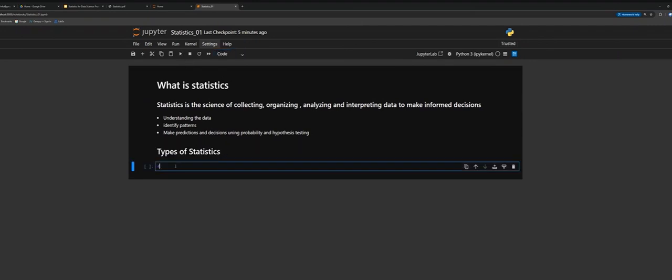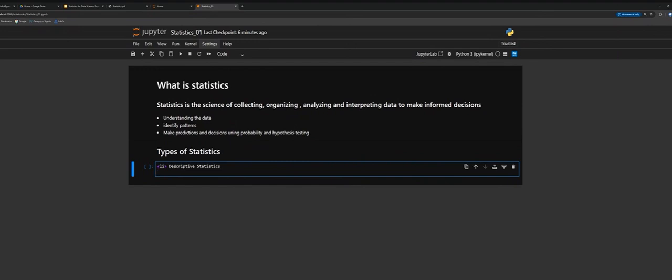The types of statistics that are available for our learning are descriptive and inferential statistics.